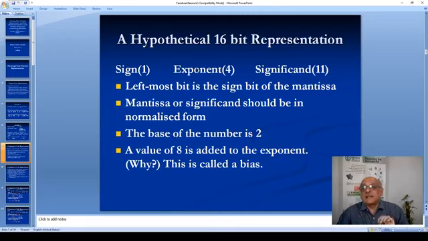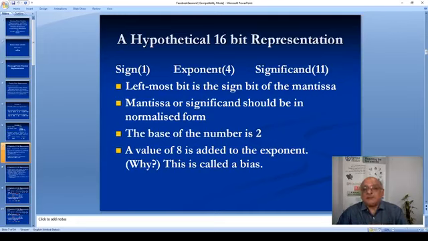Well, the major reason is comparison of two numbers. We can just start by comparing the exponents, and if one exponent is more than another exponent, that number is definitely bigger than the second number. You don't have to go to the significand value and then check the exponent. That is why the exponent is represented first.